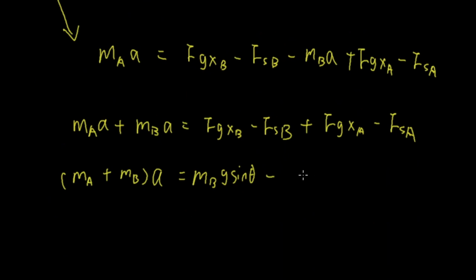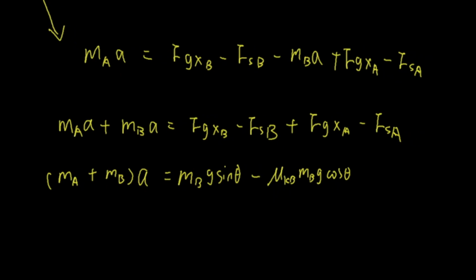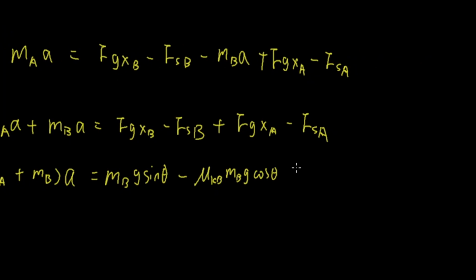Minus the friction force of B, that will be mu K B times M sub B G cosine theta. Plus, that will be M sub A G sine theta. Minus the friction force, which will be mu K sub A, M A G cosine theta. Like this.